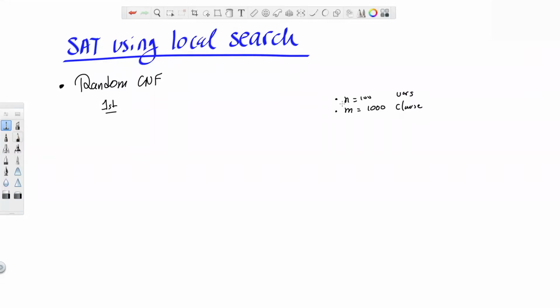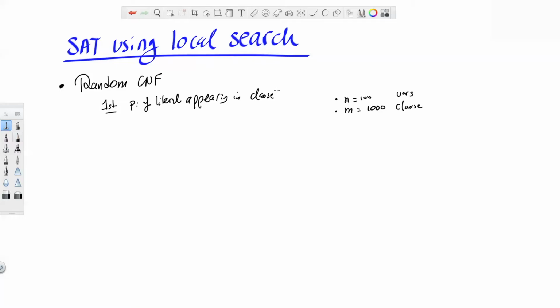You pick every literal and include it in the clause with a certain probability of a literal appearing in a clause. That's what people did. If you do it this way, your clauses will have variable lengths. You may have a clause with 4 literals, another with 10, and so on.